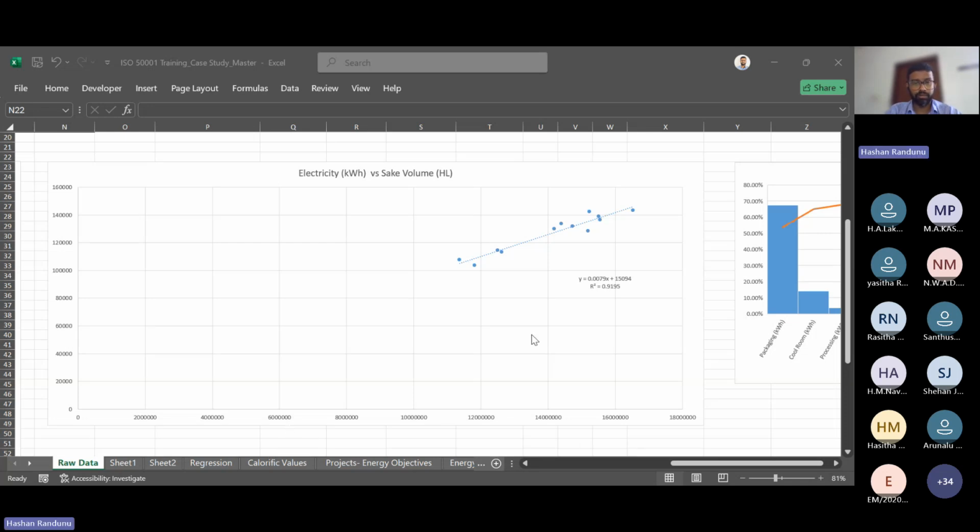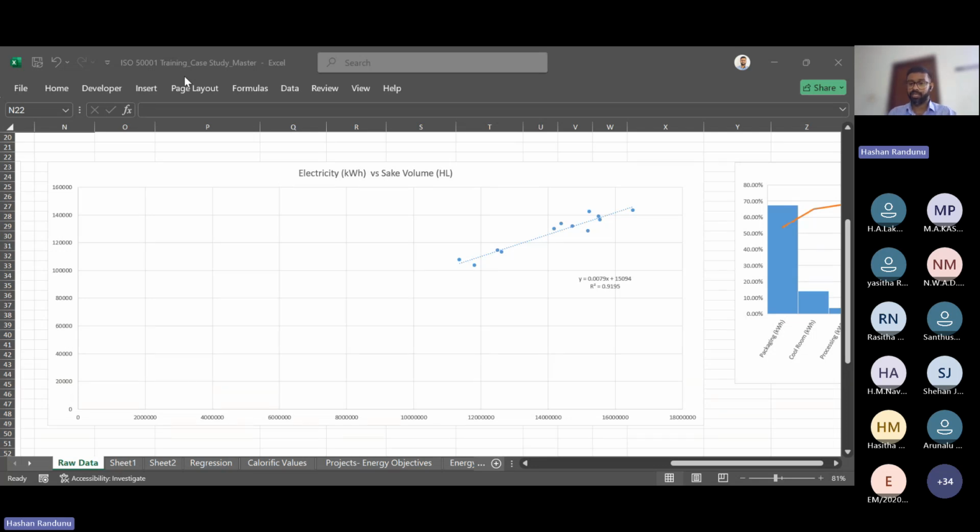So you can buy that particular standard and you can read and enhance your knowledge, right? So when you are implementing ISO 50001 energy management system within your organization, now I believe you have practical insight, right? You have practical insight of how to do that.